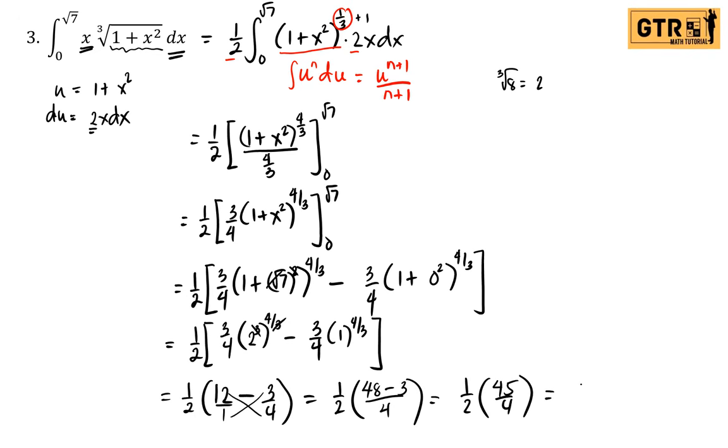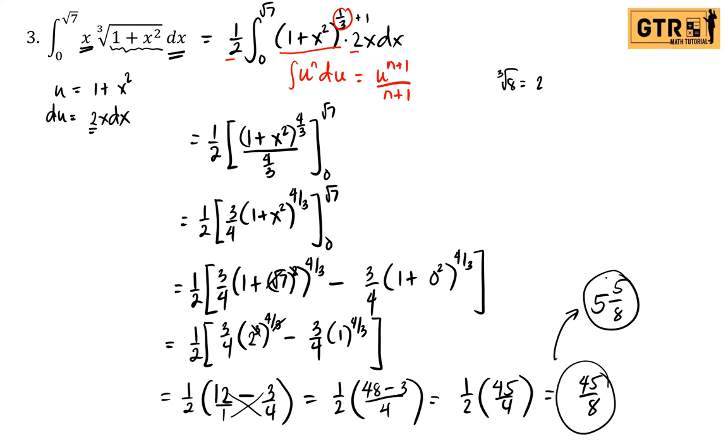So the final answer is 45 over 8. Or if you want to change it to a mixed number, 45 divided by 8: 8 times 5 is 40, so we have 5 and the remainder is 5, so that is 5 and 5 over 8.